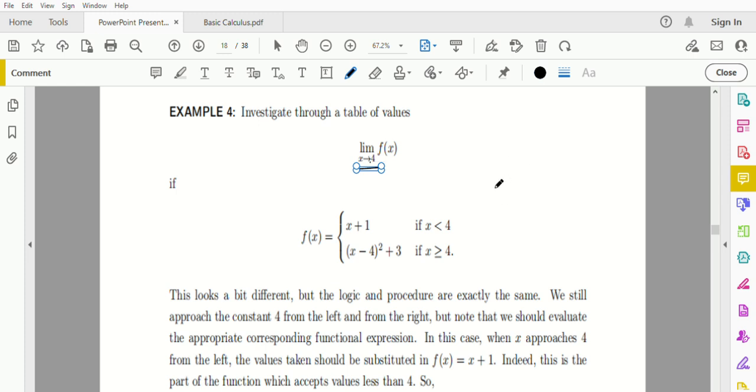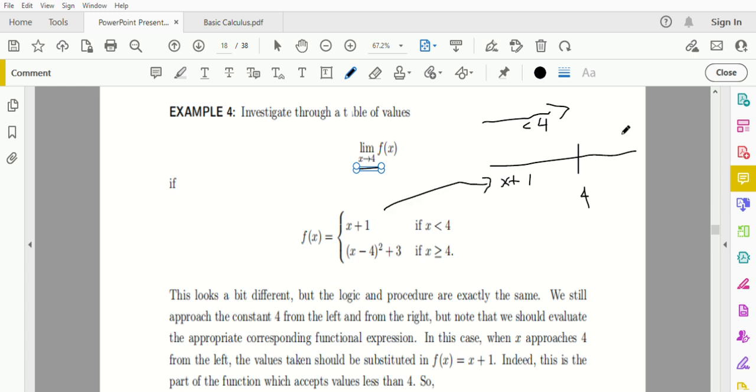Say for example, we have 4. When we say approaches from the left, the values here are less than 4. So our f of x here, we will use x plus 1.